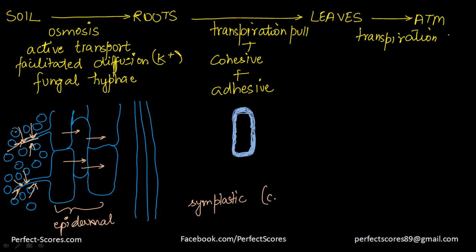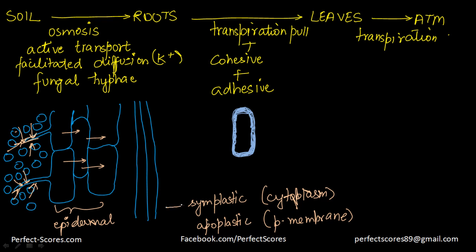Symplastic is always direct through the cytoplasm, but when it goes through the plasma membrane, that is known as apoplastic. And in case of roots, both the processes are followed. So this is for symplastic, and for the apoplastic, it's through the cell membrane or through the plasma membrane like this.